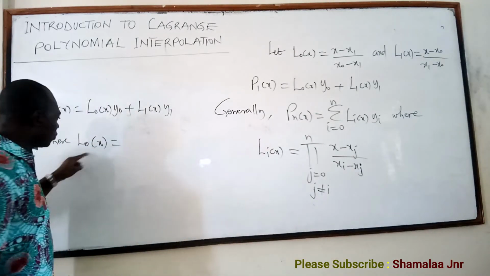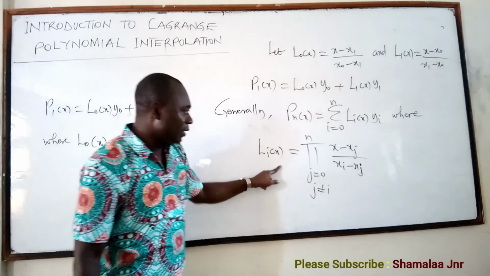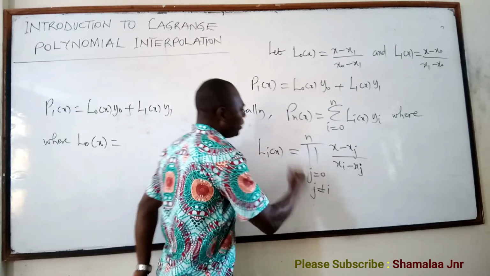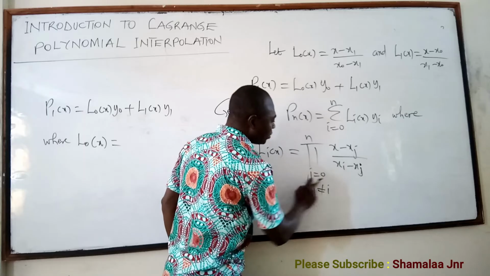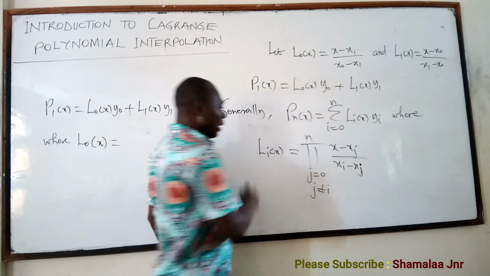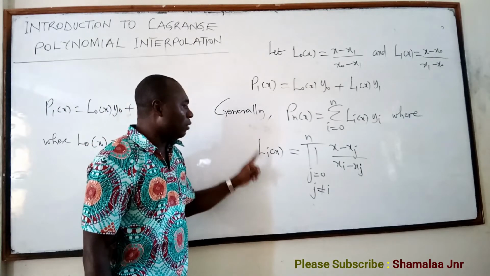This one is Li of x. You should find the product of this, and j should start from 0, but j should not be equal to i. And you can see that i will always take its value first.